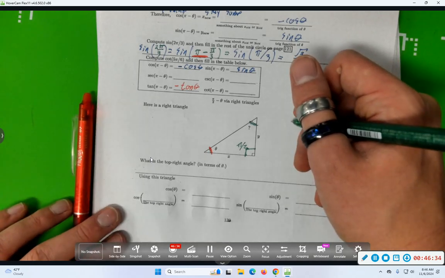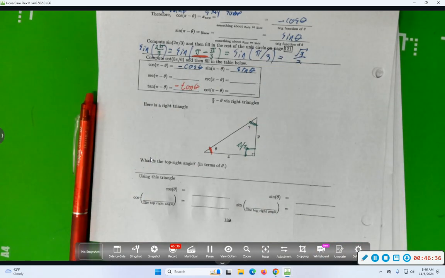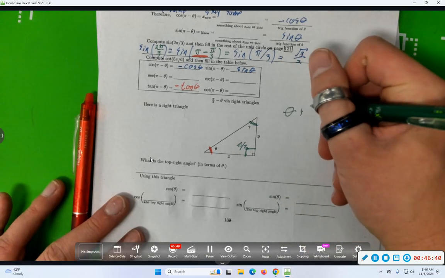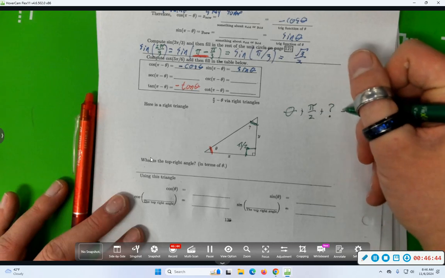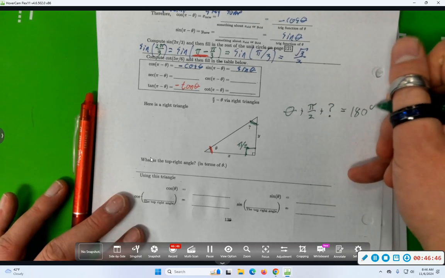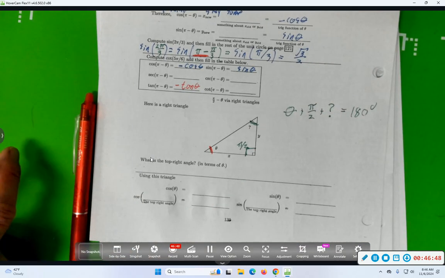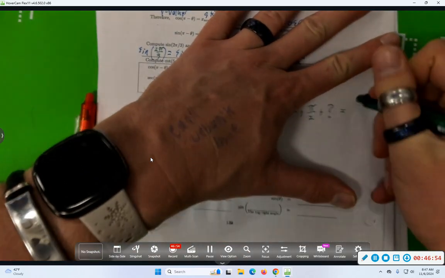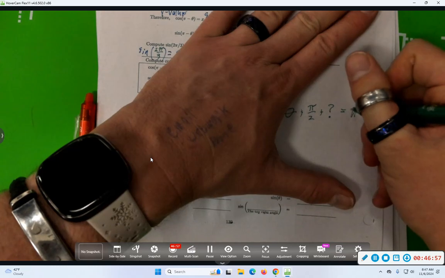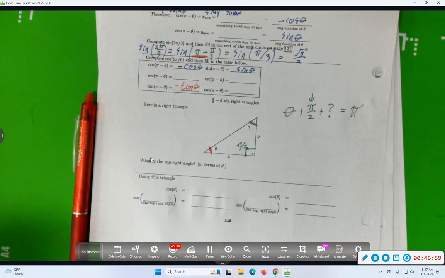Cool, let's write down the equation that you used to get that. Angles in a triangle add up to 180. Theta plus pi over 2 plus question mark equals 180 degrees, except I've been working in radians all day. So let's use radians. Pi radians. Otherwise you'd have to convert that to degrees also, and I just don't want to.